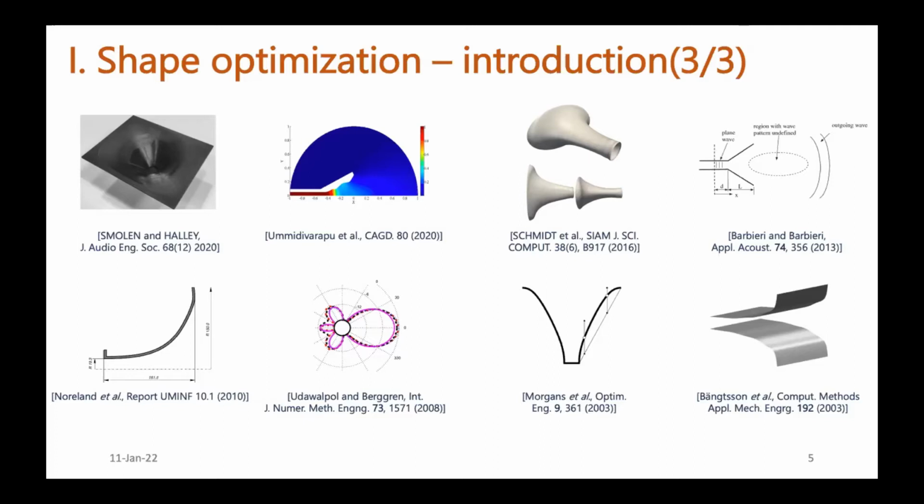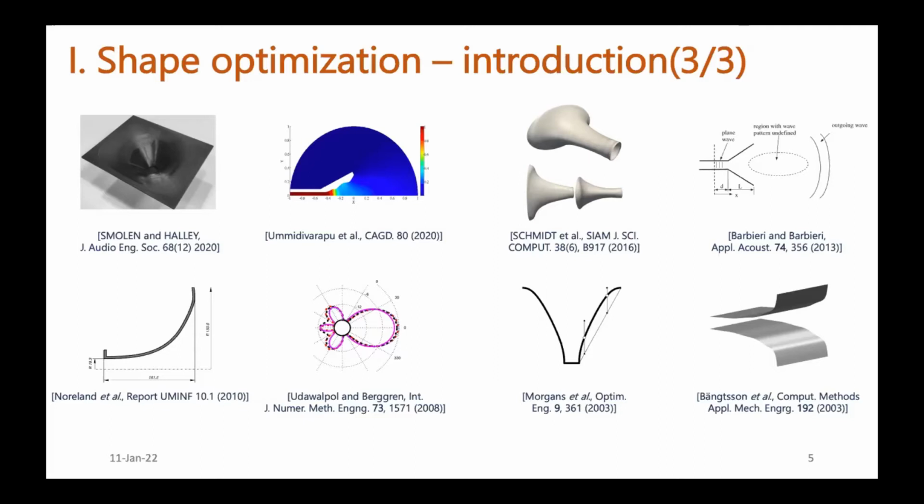And pioneering work is this one by Bängtsson to optimize the radiation efficiency of a 2D waveguide. And the optimized horn geometry can vary from simple 2D to fully 3D optimization.